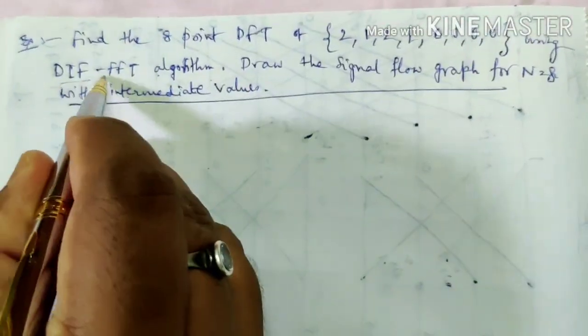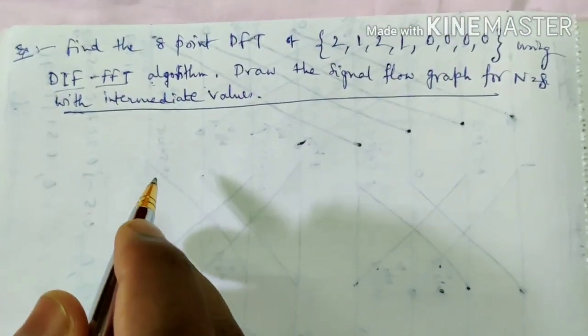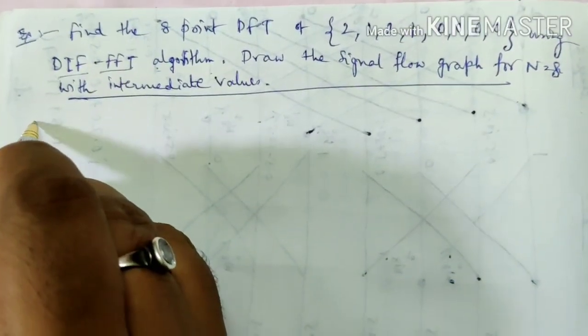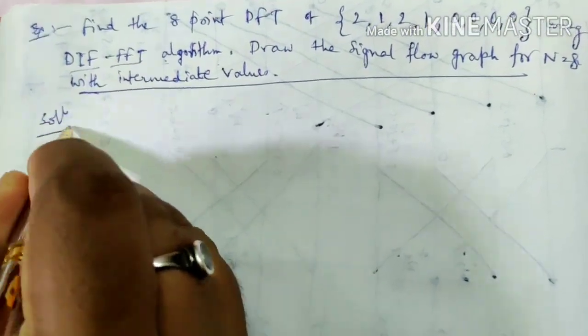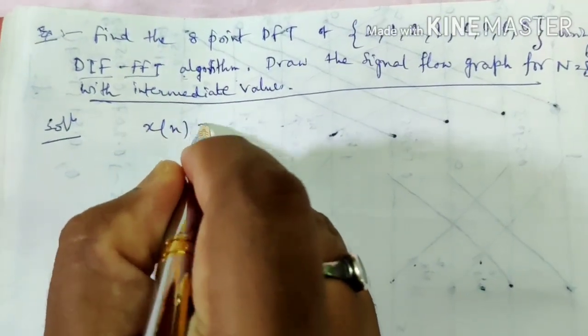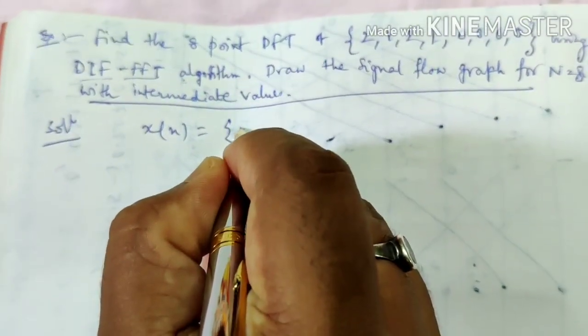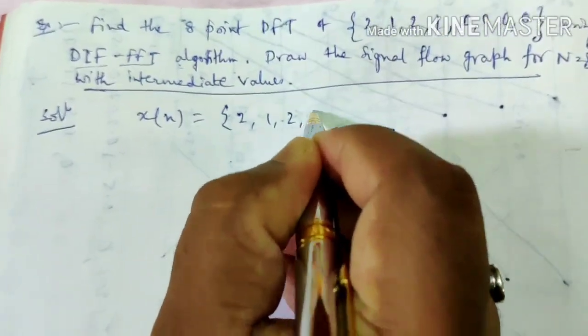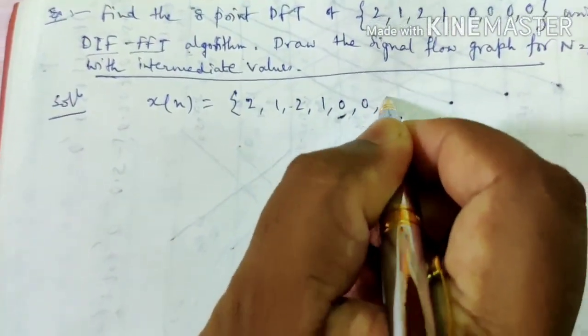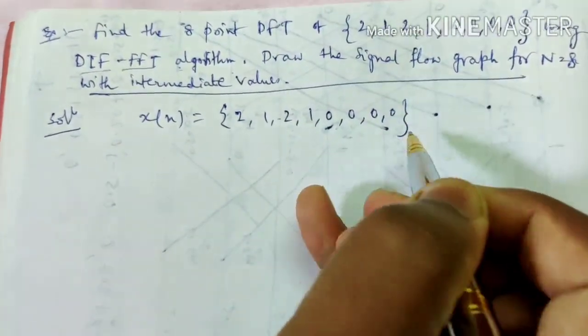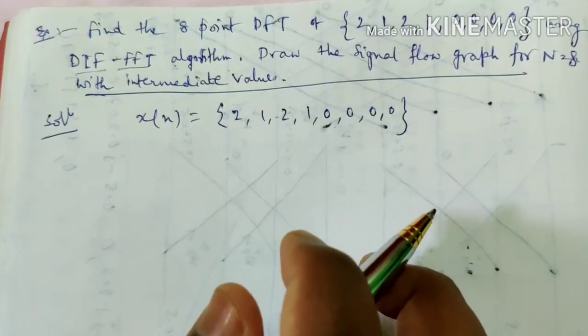So for the DIF FFT algorithm, first, our solution x(n) will be given as 2 1 2 1 0 0 0 0. So first, the DIF algorithm.